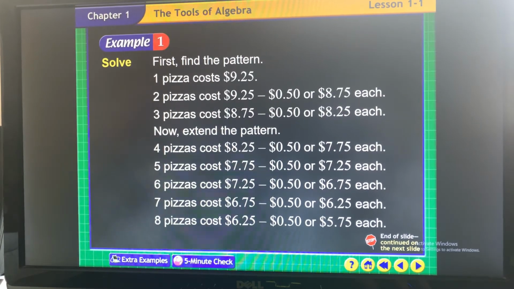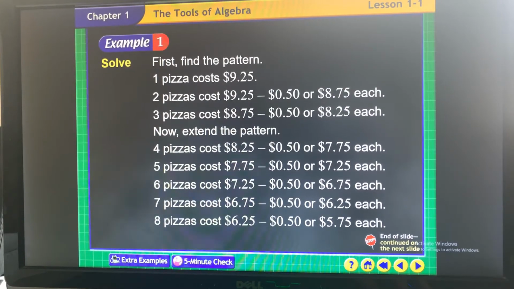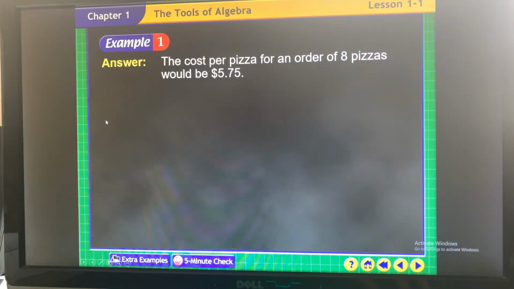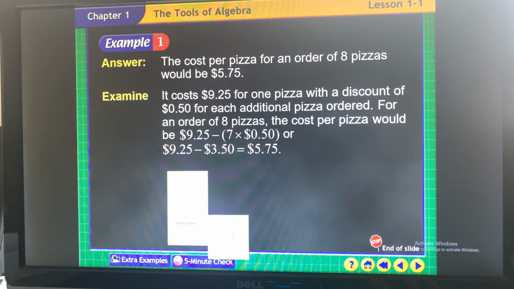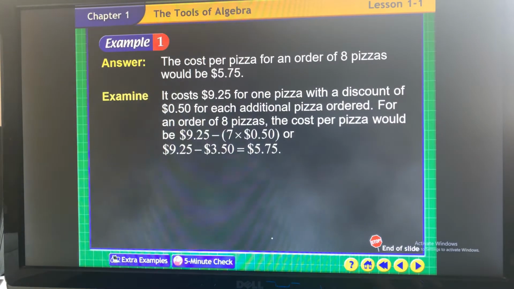I kind of want to move you into more of the algebraic thought process, and I want you to think of it as an algebraic problem. So how I would have liked you to have done that problem is think about the fact that it costs $9.25 for 1 pizza, minus you have 7 pizzas, because remember you want 8 pizzas. The first one is $9.25. That means you have 7 pizzas left where you get a 50-cent discount.